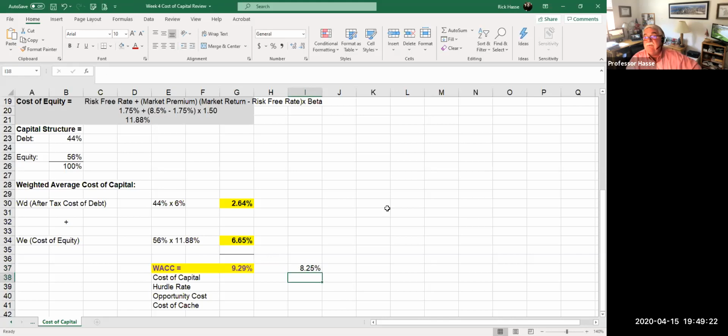Then after you came up with the 9.29%, you would say, Mr. Hassey, it's as simple as this. The risk for my company is greater than the industry. My company is riskier than the industry average. It means their cost of money is more expensive due to beta, due to their capital structure makeup, whatever. That's one of the possible interpretations of that answer.